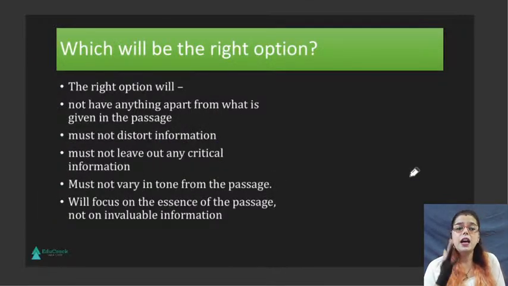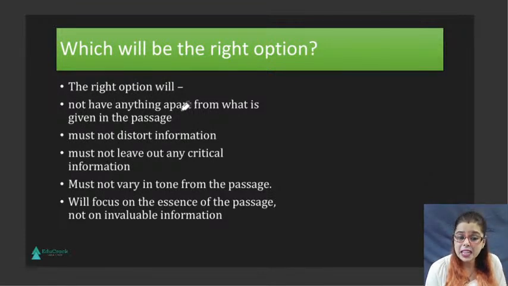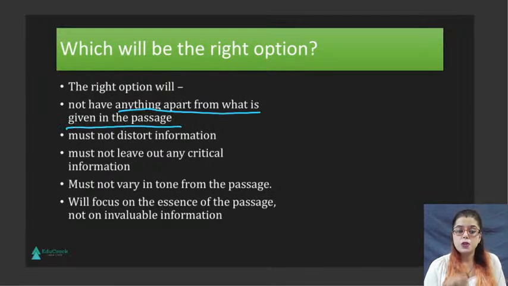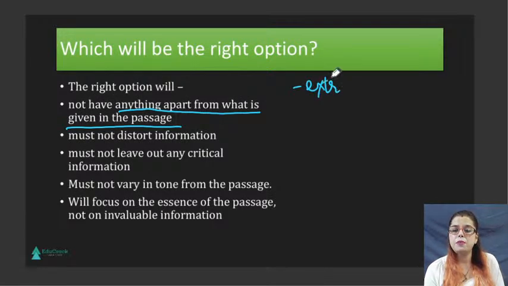Let us understand what will be the right option. The right option will not have anything apart from what is given in the passage. So that is one thing that we can use to eliminate options. If there is any extra information, what do you mean by extra information? Information which is not mentioned in the passage, right?